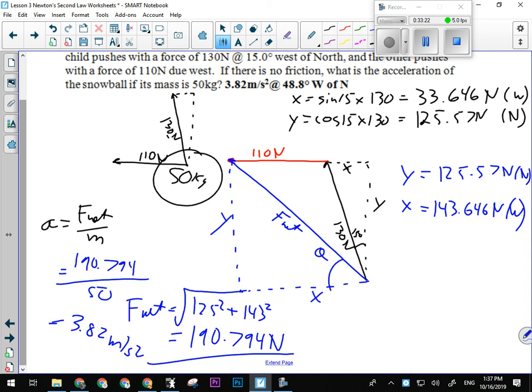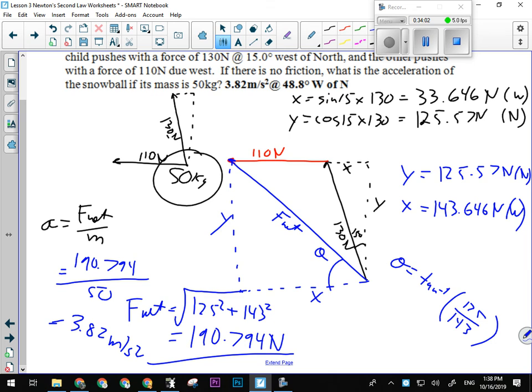But I'm not done, because what did I not calculate? I didn't calculate the angle. So I'm going to calculate theta, because the angle of the net force and the angle of the acceleration are always the same. If I'm pushing something with 190 newtons in this direction, it has to accelerate in that direction. So theta will be the inverse tan of our opposite side, 125, divided by our adjacent side, 143, and that gives us 41.2 degrees.